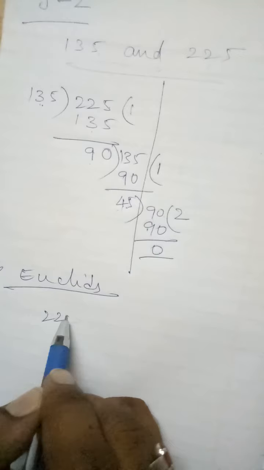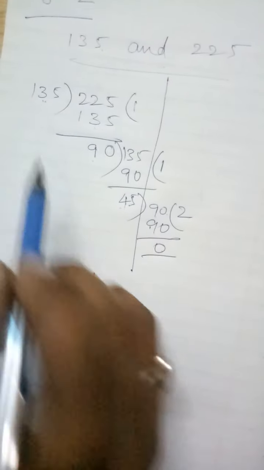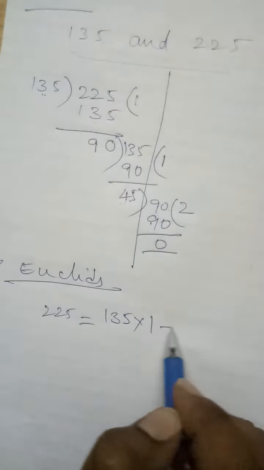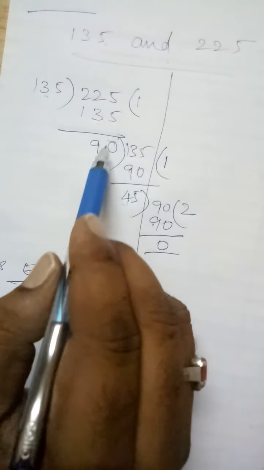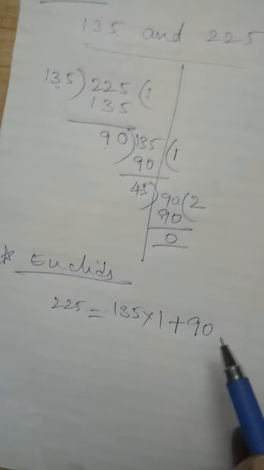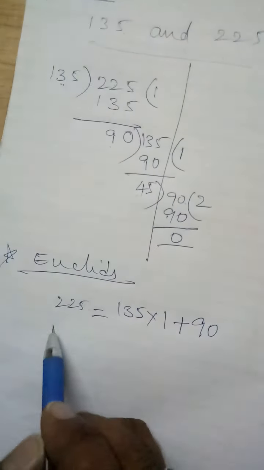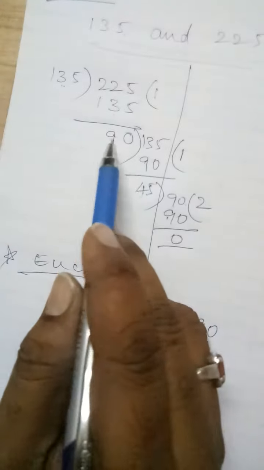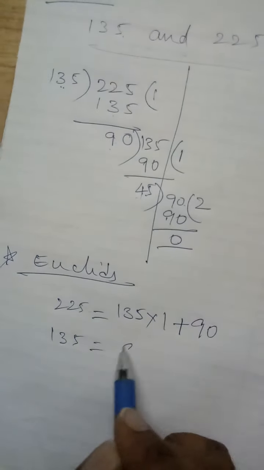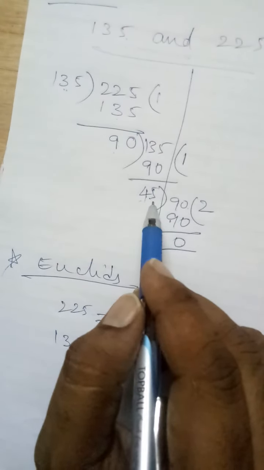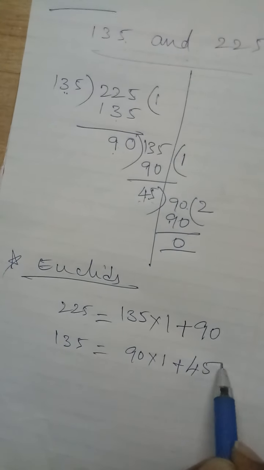In the first step, what is the dividend? 225 is equal to divisor into quotient plus remainder. What is the remainder in that? 90. Next, in the second step, what is the dividend? 135 is equal to divisor 90 into 1 plus remainder 45.